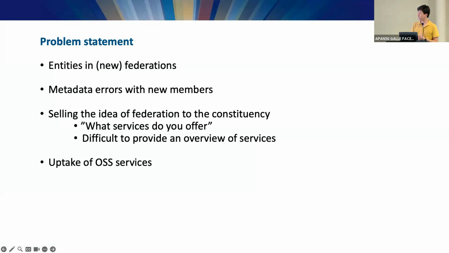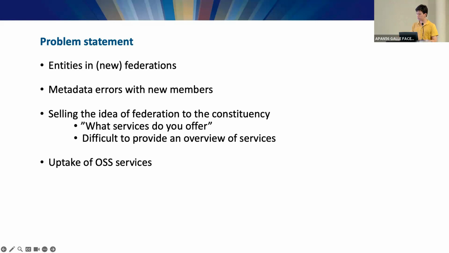But also when you look into the entities, meaning identity providers and service providers in eduGAIN, you see that for the recent joiners, the number of entities is fairly low. This can be due to the fact that more and more federations use proxies a lot. So on the surface, you will only see one IDP, but in fact, it's a proxy with more IDPs behind that, and same goes for SPs.